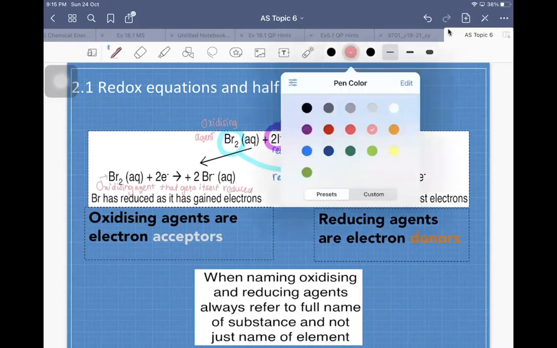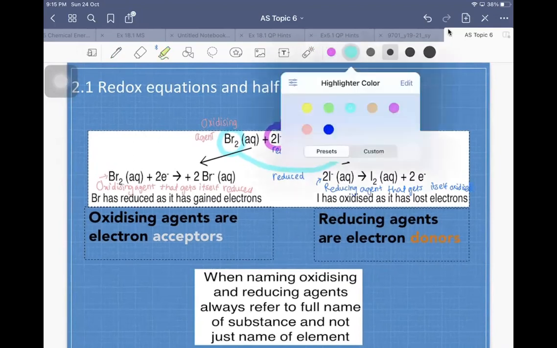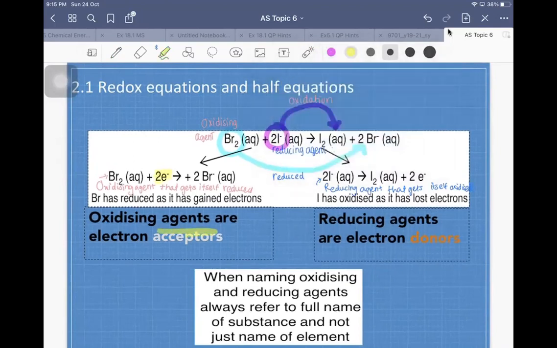Iodide is a reducing agent. Reducing agent that gets itself oxidized. So if you're wondering where these electron acceptors and electron donors are coming from and how we define them, it comes from the electrons there.